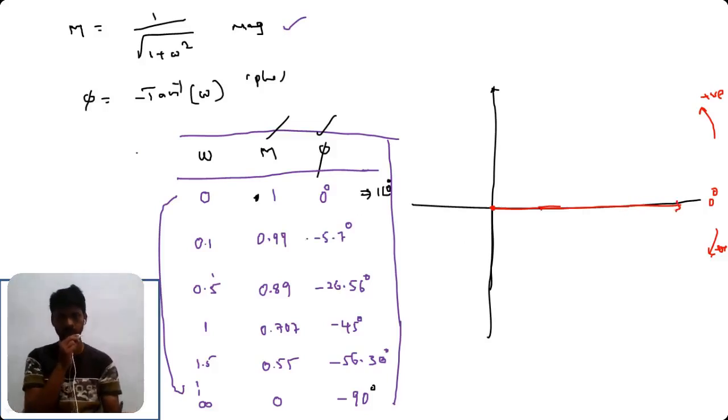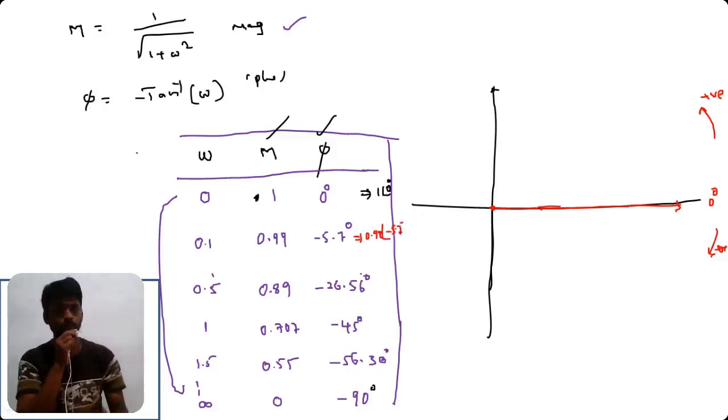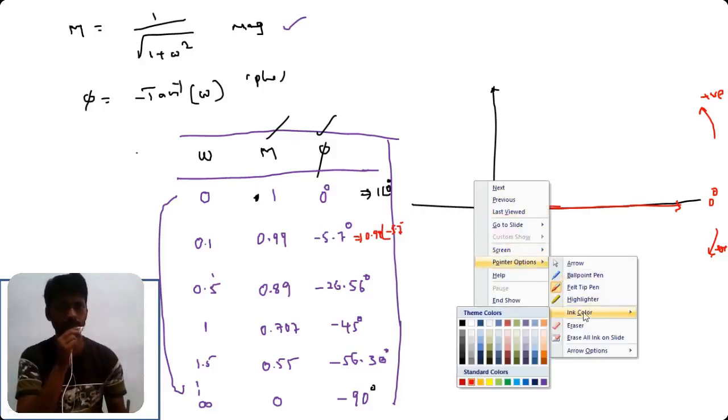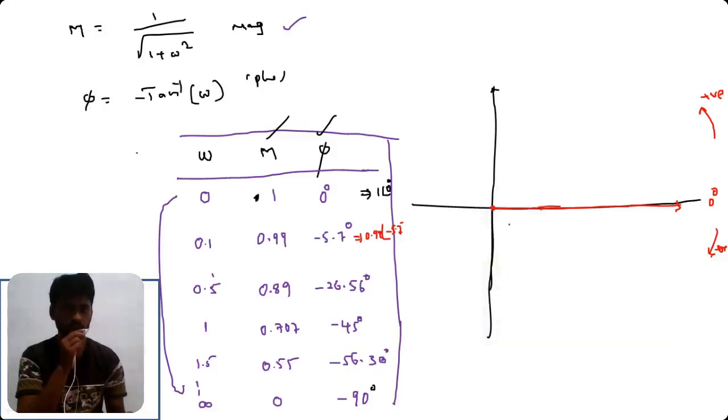Next polar form is 0.99 at an angle minus 5.7. So this polar form will be located in the fourth quadrant with a magnitude of approximately 0.99, and the angle is minus 5.7. Then the graph will be like this.